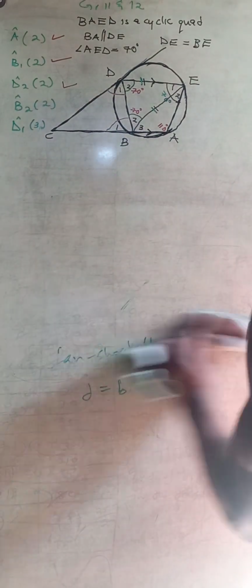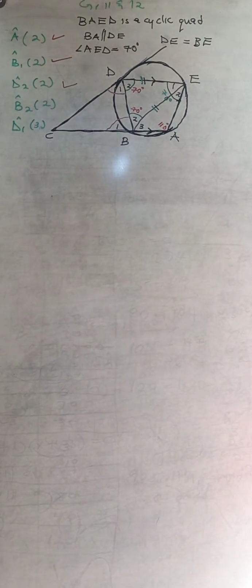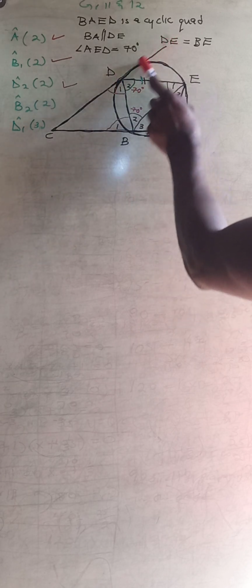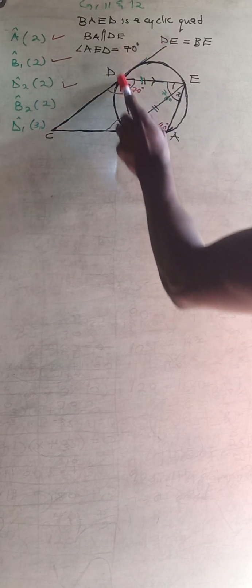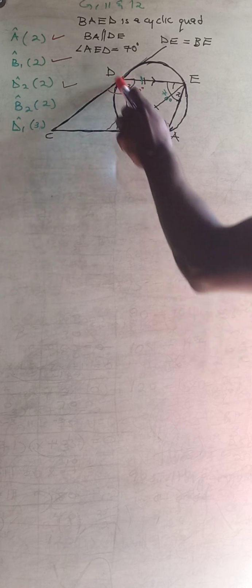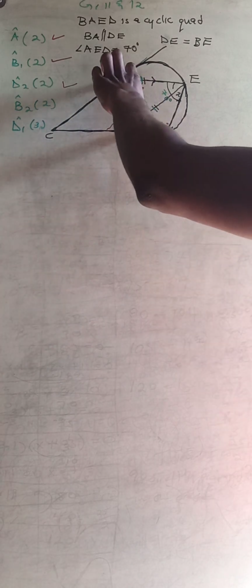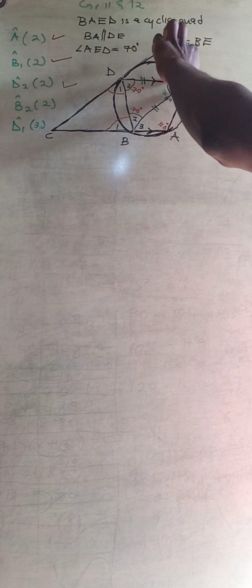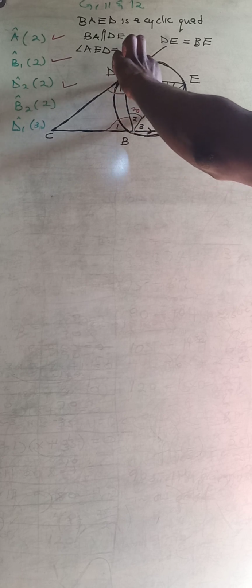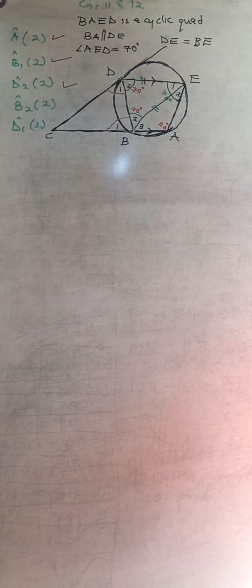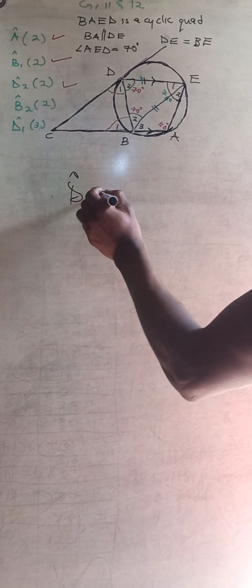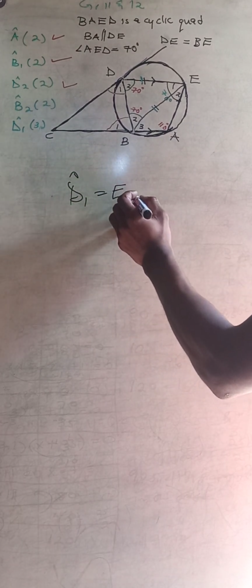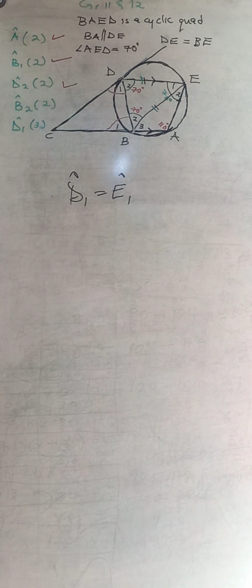So in this case, we can see that D1 is the angle between the tangent and the chord. Here is the tangent, and then here is the chord. DB is the chord, right? So the angle should be equal to the angle in the alternate segment. So we look at the triangle. It means in this case, angle D1 is equal to angle E1, right?